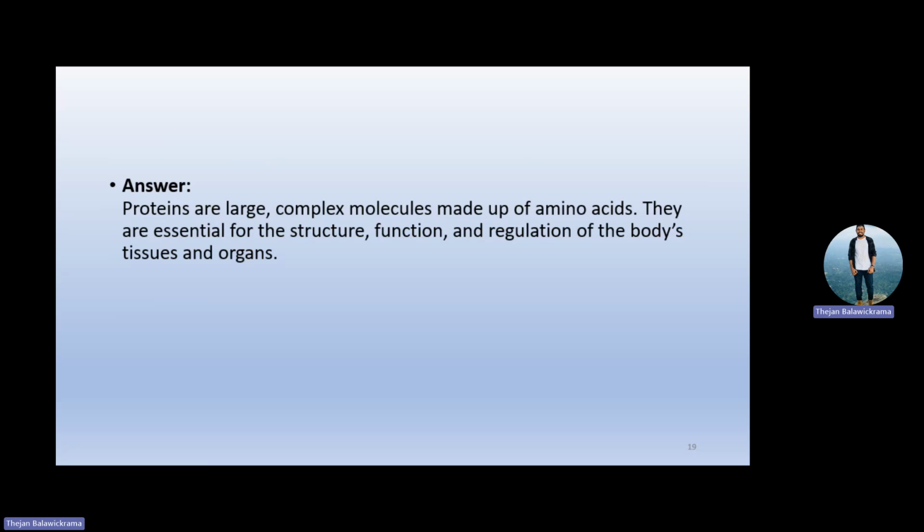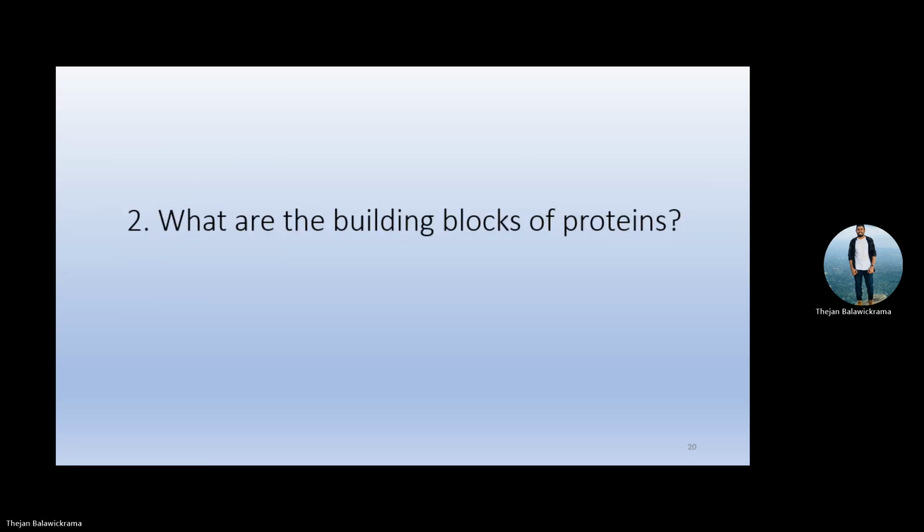So those are the functions. Building blocks of proteins, as you already said, amino acids.